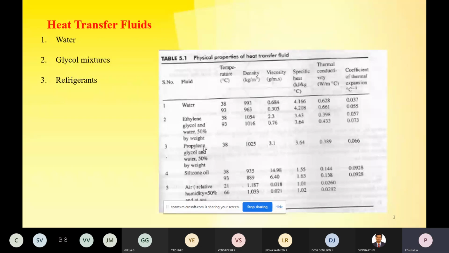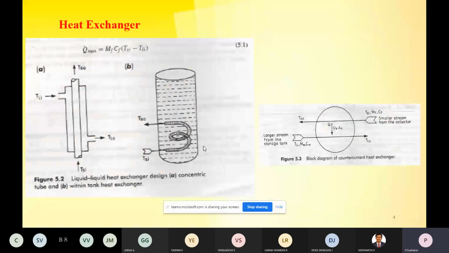We have seen the collector system, what heat transfer fluids are used, and how to choose the heat transfer fluid for a particular system with respect to the ambient conditions where the setup is placed. Next is the heat exchanger. The heat exchanger is a very important component in a water heating system.